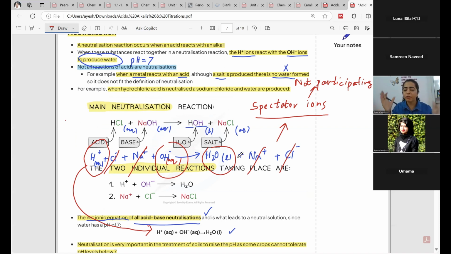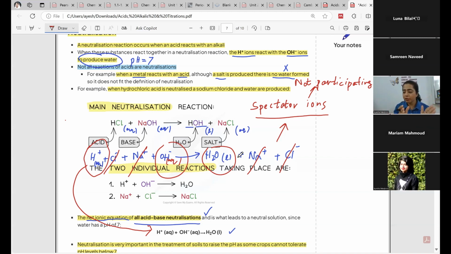Because they're the same on both sides, they will just cancel out from the reactant and product side. Miss, do you mean that they are not participating in the neutralization reaction? Yes, they are not participating in the ionic equation reaction.